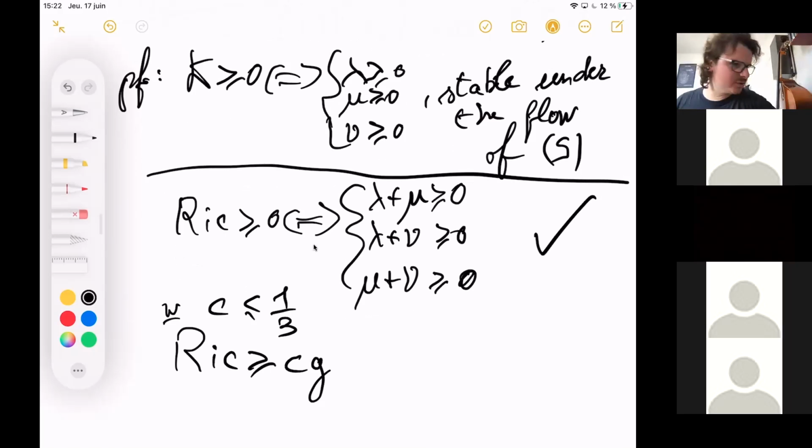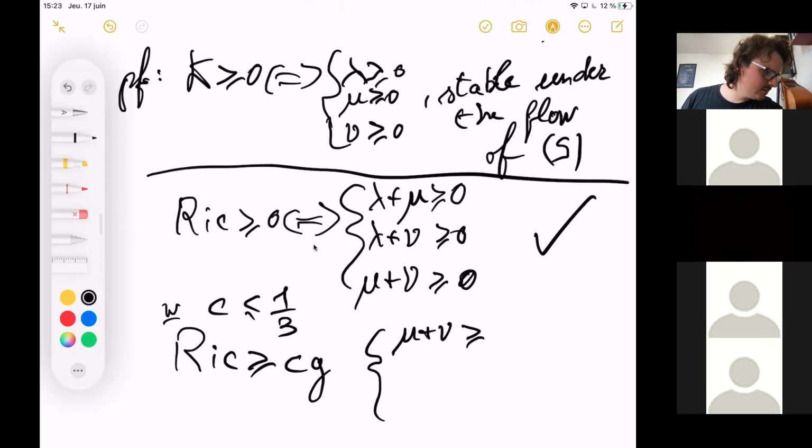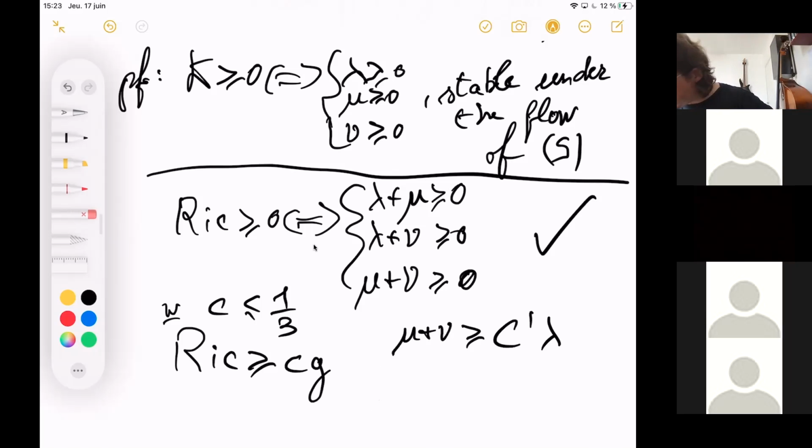And basically you show that it's more or less equivalent to mu plus nu bigger than some C prime times lambda, some C prime which depends on C. You can always assume that the eigenvalues are in increasing order. That's not a big deal.